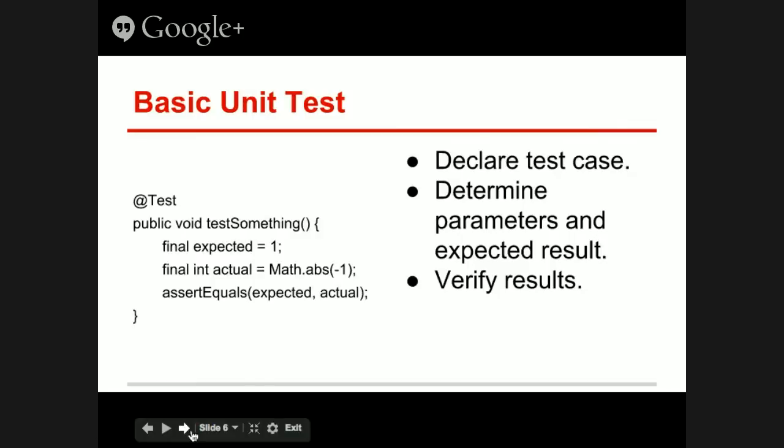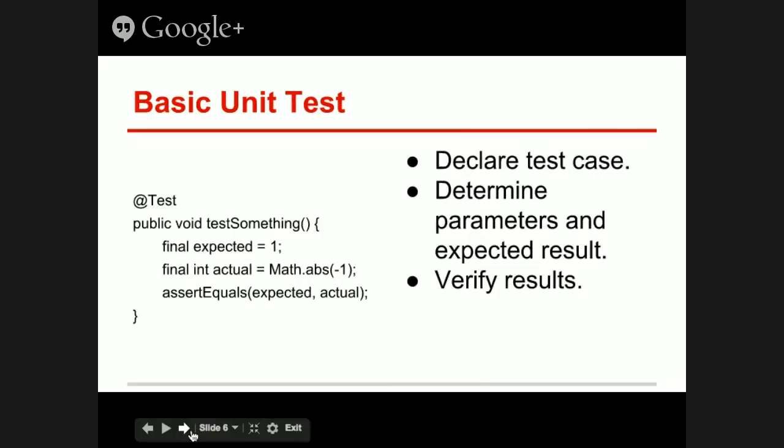This is what a basic unit test looks like in Java using JUnit. TestNG isn't that different. You annotate, you have a section of your code devoted just to unit tests, and you annotate a method. You determine what your expected outcomes are. You make a call, get the actual result, and then assert whether the values that you expect are going to happen.